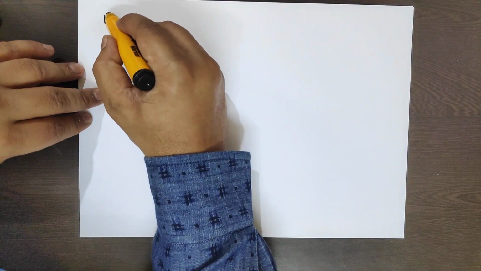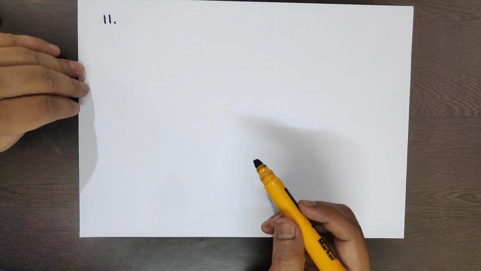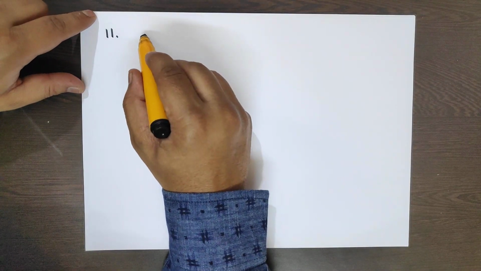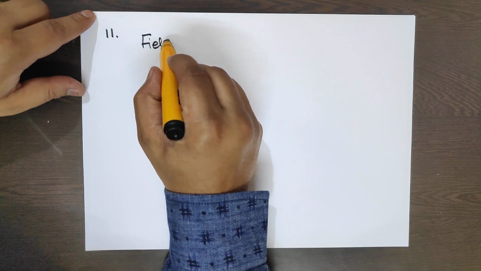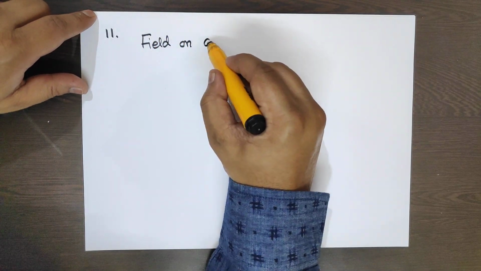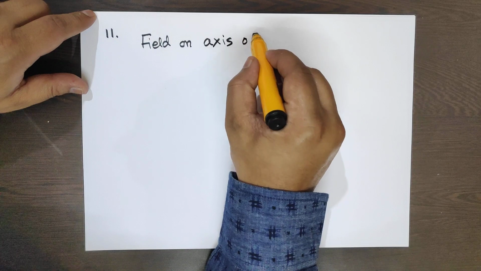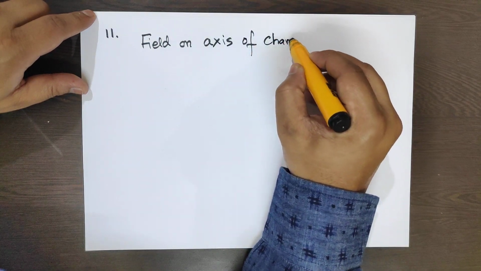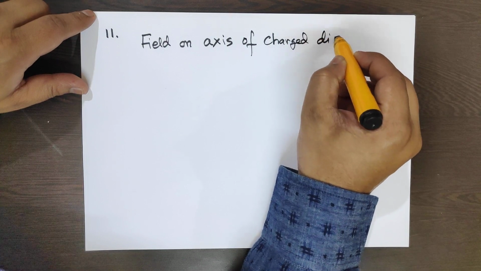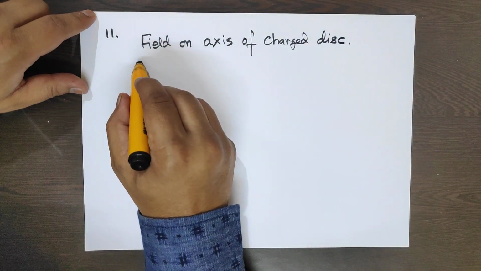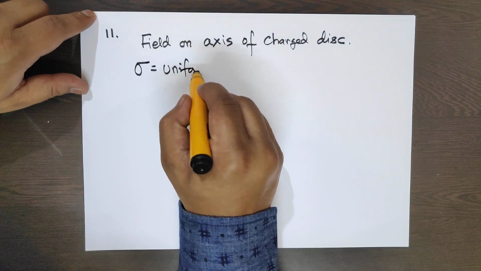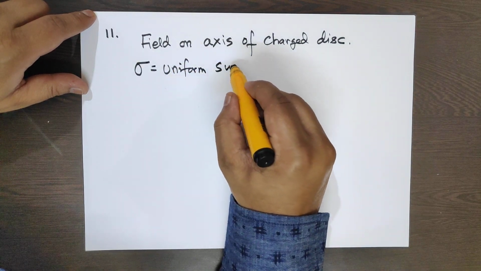Next question, the 11th one. Now here we will find the field due to a disk. The field on the axis of a charged disk having sigma as the uniform surface charge density.